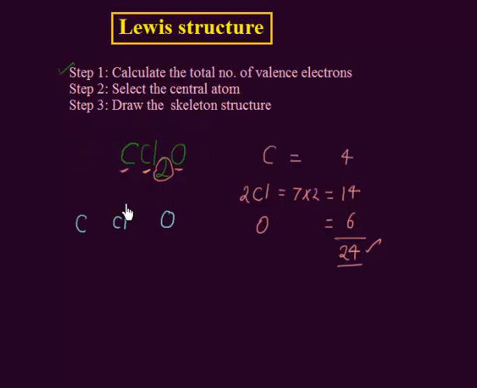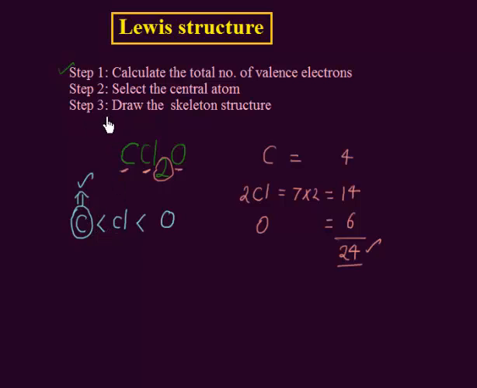Then the order of increasing electronegativity among these atoms is: Cl is more electronegative than carbon, and oxygen is more electronegative than Cl. Here carbon, being the least electronegative atom in this series, is selected as the central atom.